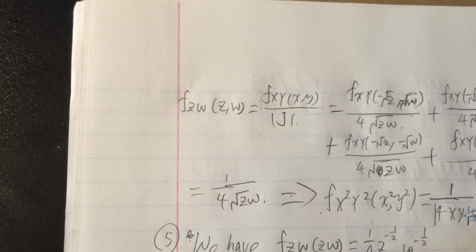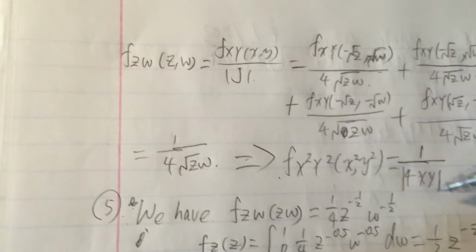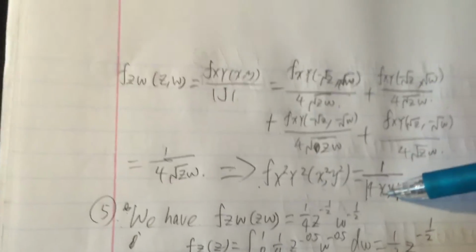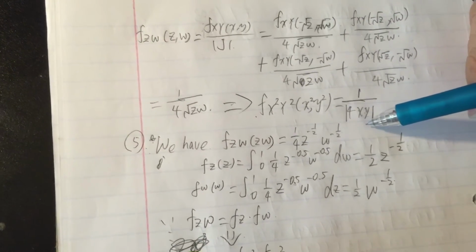Since there is a square root here, it has to be positive, so I added the absolute value here. And this is the density function of x squared and y squared.